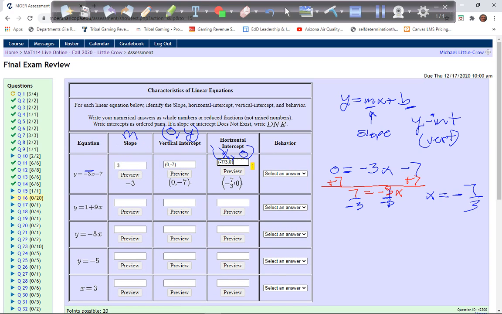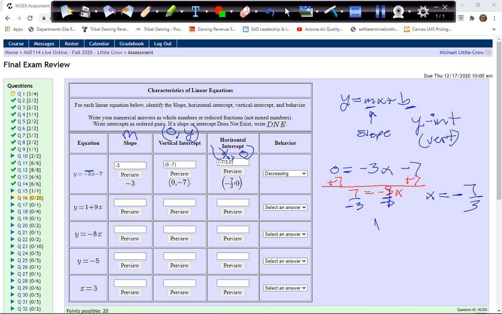It's looking okay. And then what's its behavior? Well, this is decreasing because the slope is negative, so it's a line that's going down. Thinking of it, it's got a y-intercept of -7, so it's like down here, -7.